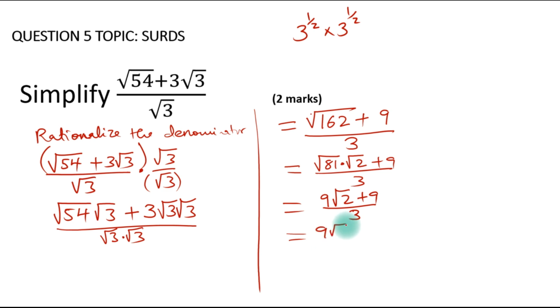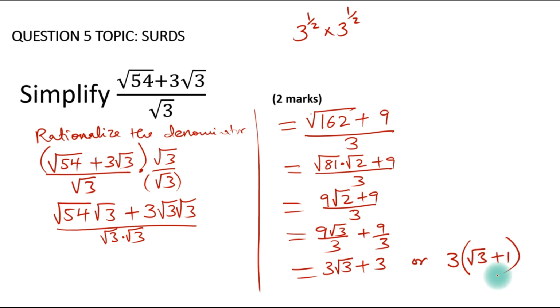This will be 9 root 2 over 3 plus 9 over 3. This is by 3, 1 by 3, 3. 3 root 2 plus 3. And that is the simplified way. Or we can factor out 3, which will be 3 bracket root 2 plus 1. And that is it.